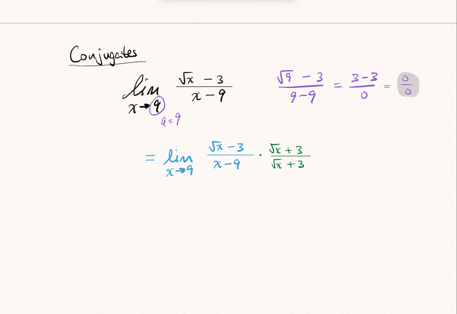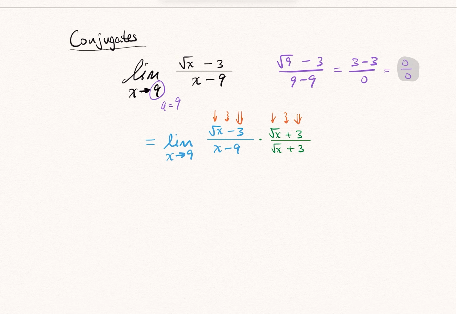Why we have chosen this particular fraction will be clear in a moment, but I just want to point out how we know that we have a conjugate: these are the same square root, these are the same constant coefficients here, and we have opposite operations, minus and plus in the middle.